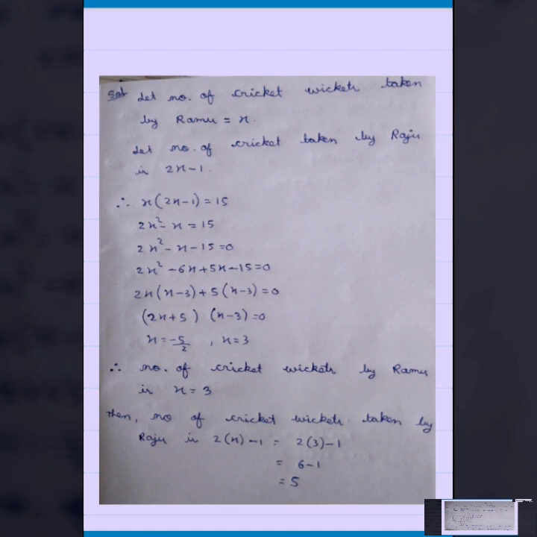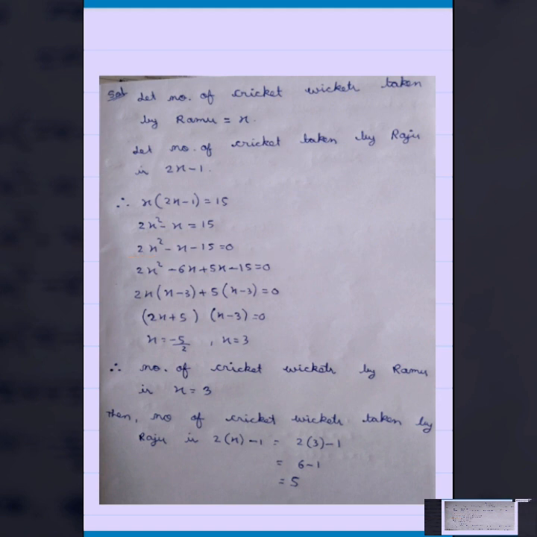So in the question they gave that the product of these both is 15. So x into (2x minus 1) equal to 15. So multiplying, 2x square minus x is equal to 15. If we bring 15 towards the left side, it becomes minus 15. Then it becomes 2x square minus x minus 15 equal to 0.